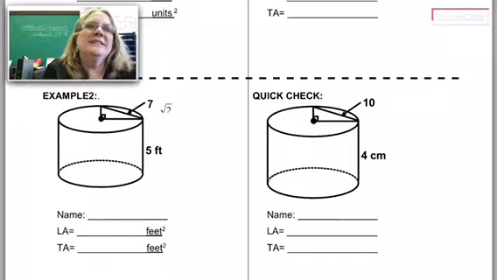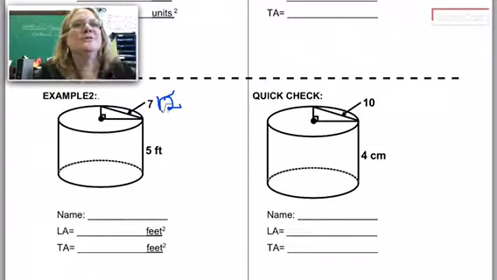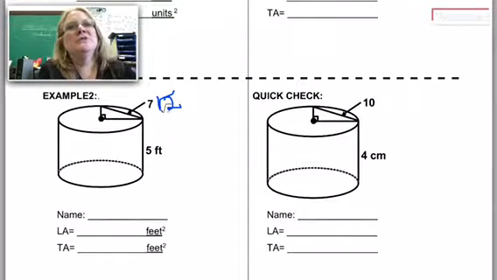Now we have example 2, and it's a little hard to see, but this is supposed to say 7 square root of 2. Let me make that a little bit bigger. This is kind of an optical illusion when you're looking at a cylinder drawn this way, because it's a two-dimensional drawing of a three-dimensional shape.